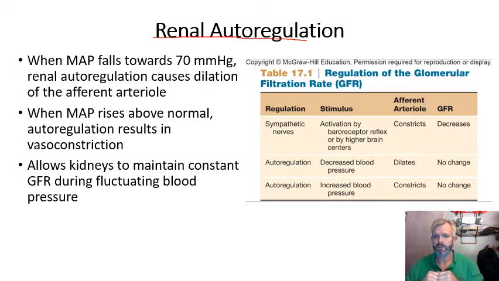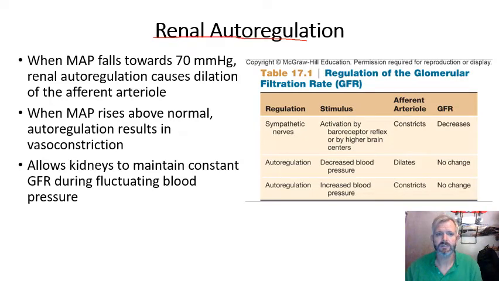We want to keep the GFR within a certain range. We don't want high blood pressure to cause excessive urination. So your body is trying to regulate it, so it will have some increase in urination, but not this big drawn out amount. We try to auto-regulate it. That is what takes place with the intrinsic regulation.